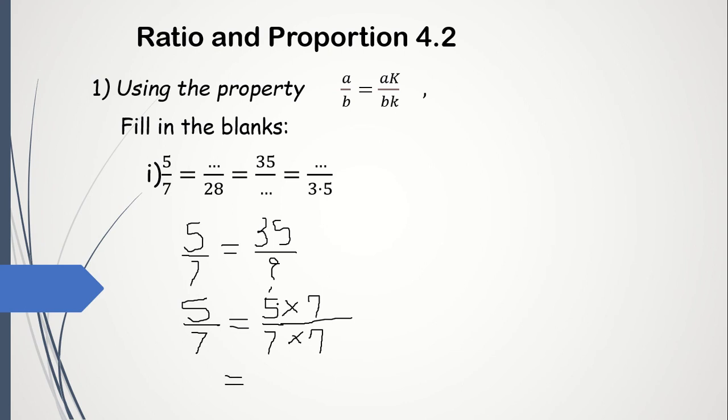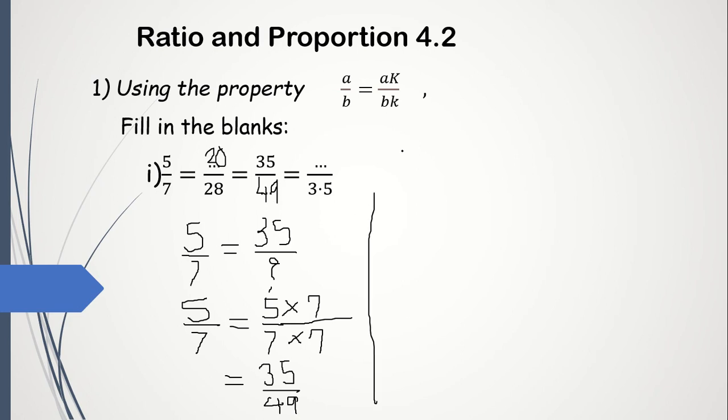It is the same property, A upon B into this K, and in this case K is 7. So that's 35 upon 49. So here I should be writing 49. Here I had got 20.